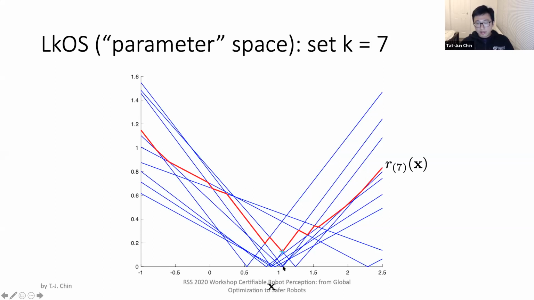For this particular X, we count which is the kth largest residual, and it's given by that cyan point there. If we check all possible x's and find the kth largest residual, they make up that red line there. So take any x, count your way up until the 7th, and that's where the red line is. That's the objective function, r in brackets 7.